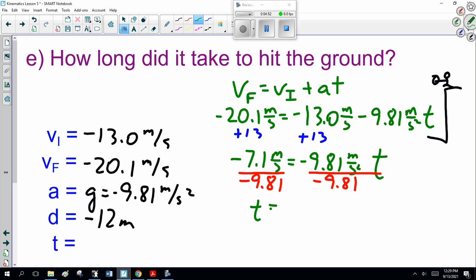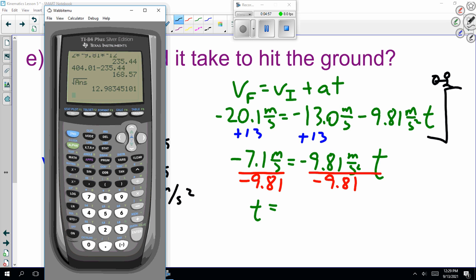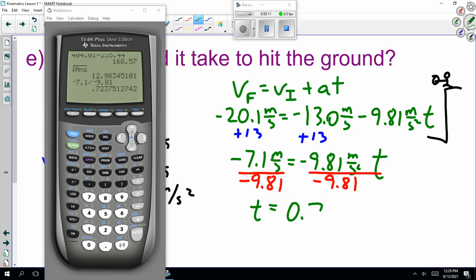So time equals, and I can't do that in my head, getting old, negative 7.1 divided by negative 9.81. And note, it's a negative by a negative, so it's going to be positive. The minus signs cancel out. 0.7 of a second. Because I threw it at a good speed, and it didn't have that far to go. If it started at 13 meters a second, going 12 meters, yeah, it's going to be less than a second.